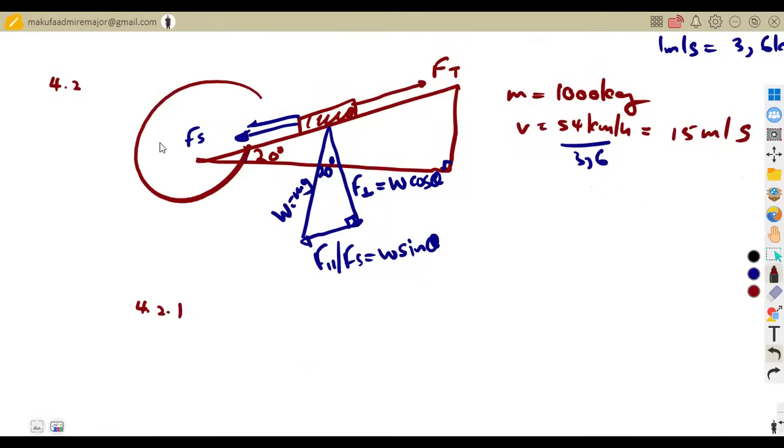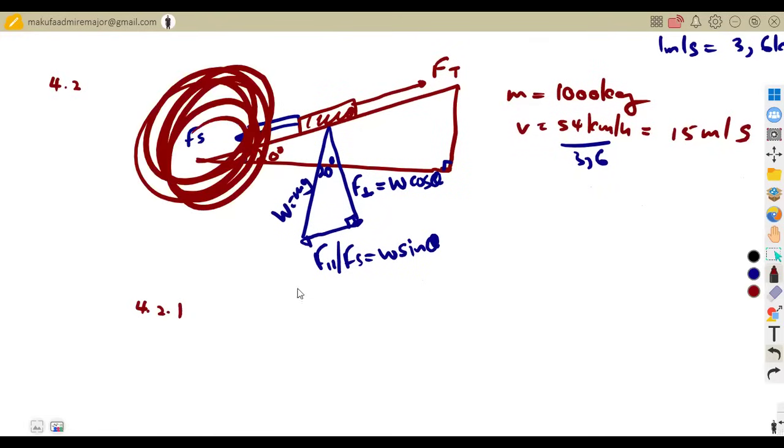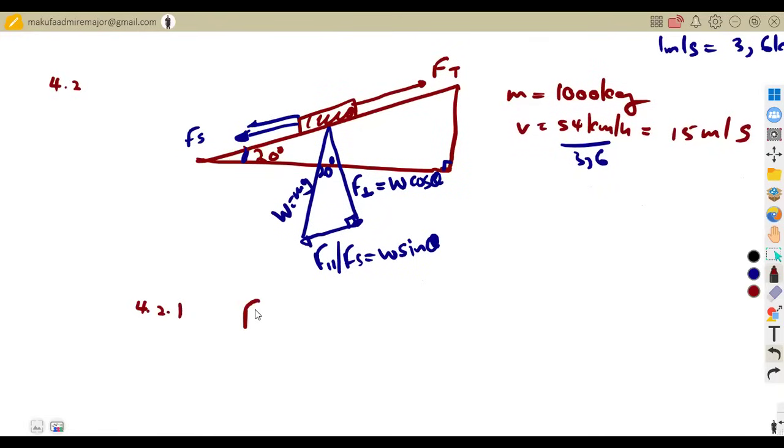It is only the parallel component that is opposing, because the frictional force is not given. Remember, what goes up is the same as what is going down, opposite. So Ft is going to be equivalent to F parallel, those in the parallel. The frictional force is not to be considered.